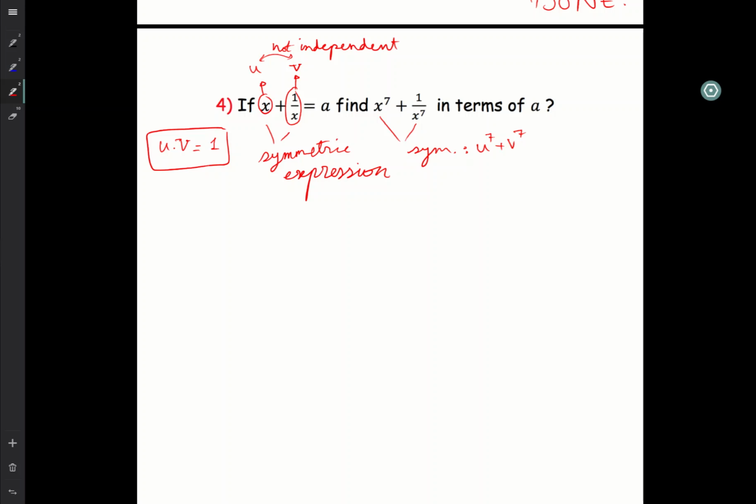So let's see. So what is u to the 7 plus v to the 7? First of all, u to the 7 plus v to the 7 has a factor of u plus v, right?